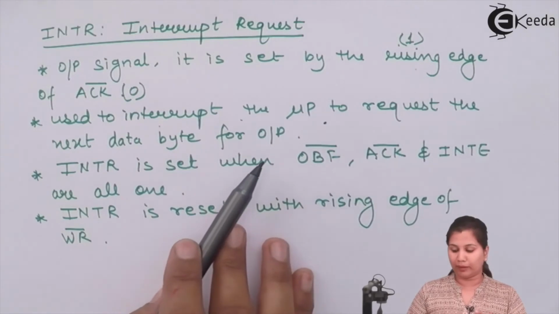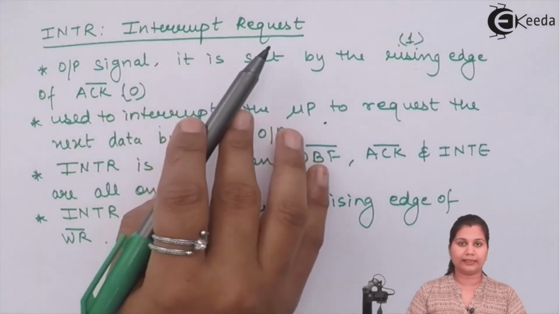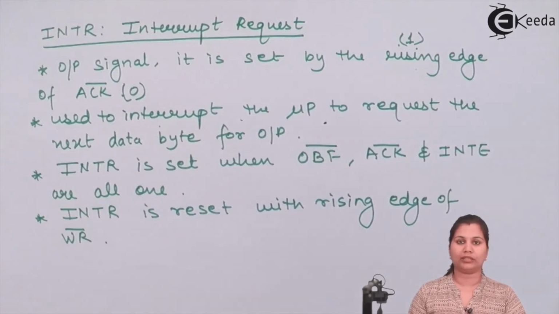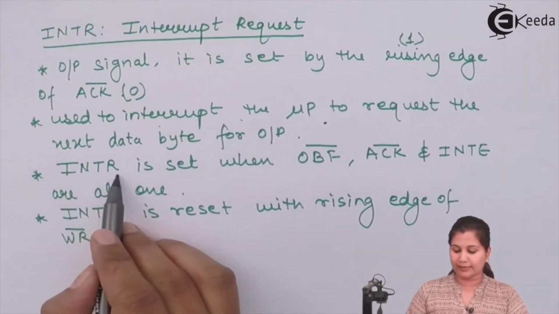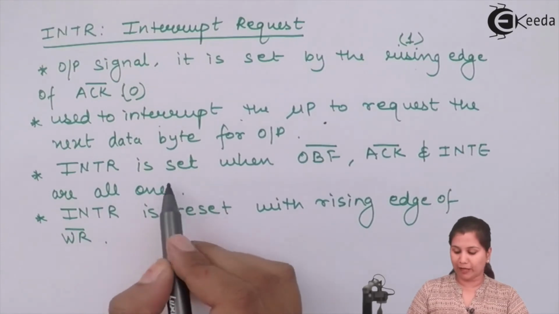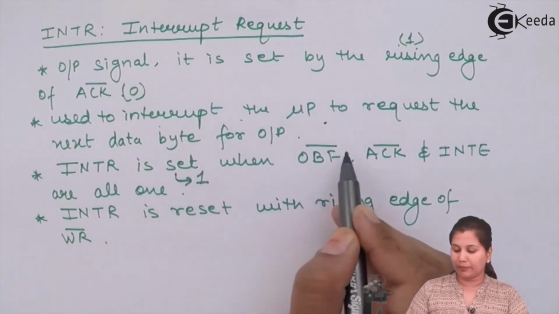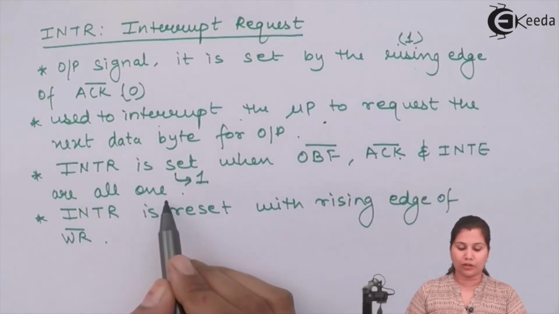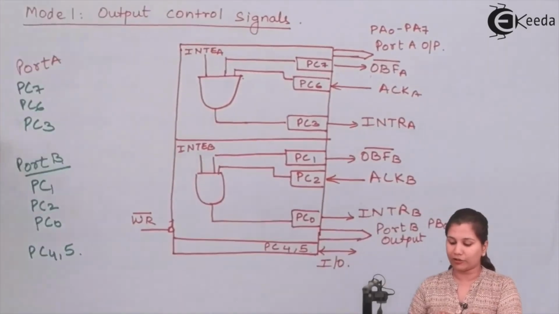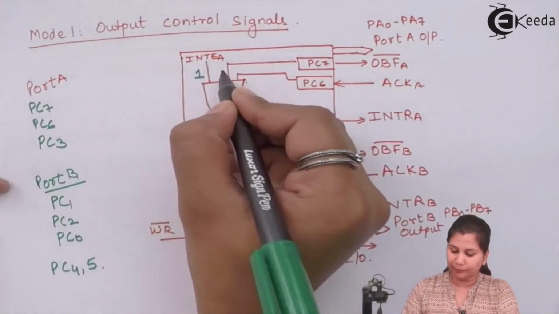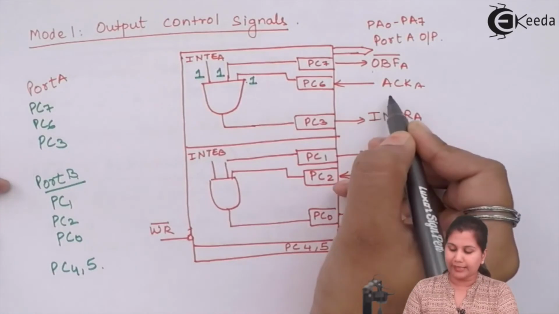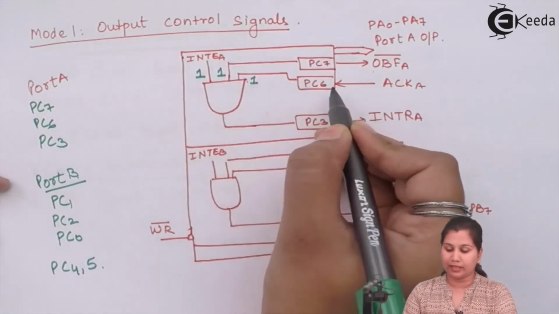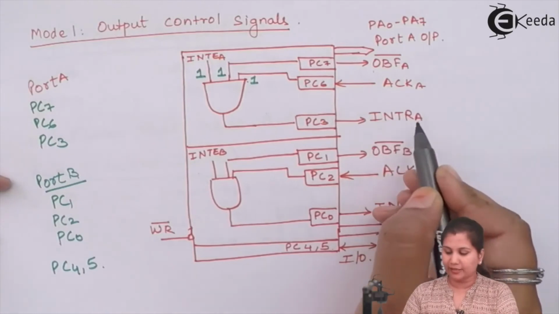Now this INTR signal is set, that means its value will become 1, when OBF, ACK and INTE all are at logic 1. So when these three signals, INTE, OBF and ACK, are all at 1, then only this INTR is generated.